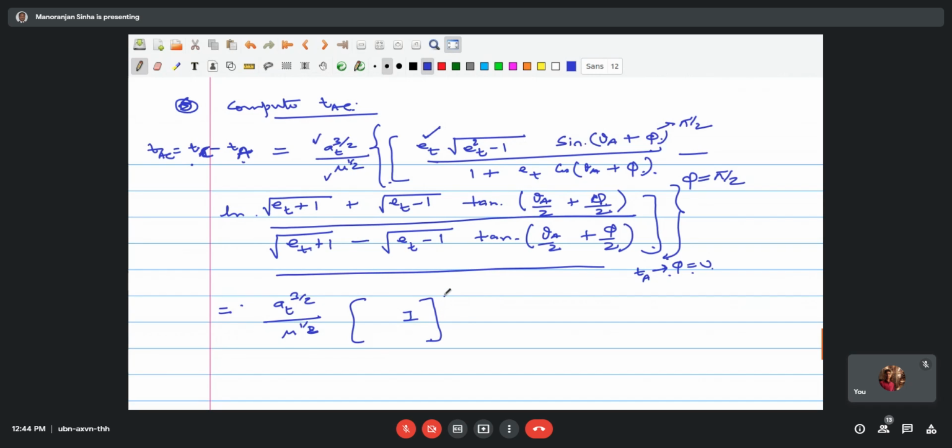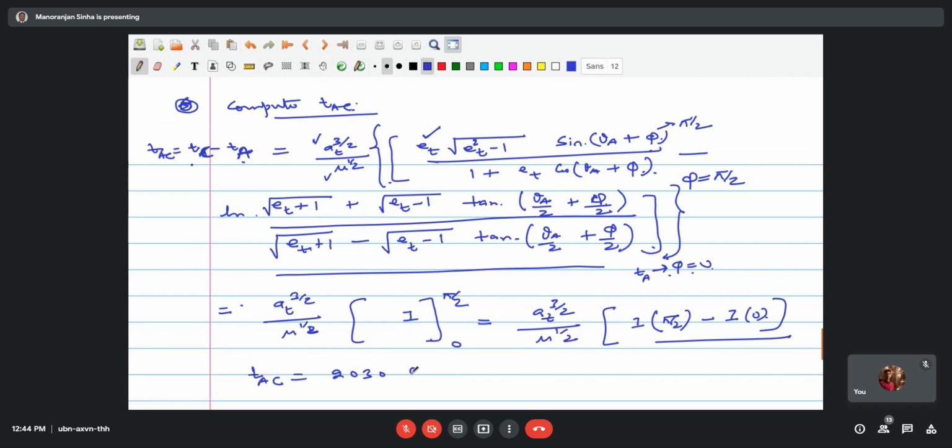So we can write here I at pi by 2 minus I at 0, and this is to be evaluated. On evaluation, this gives TAC equal to 2030, while our TBC is 1676.